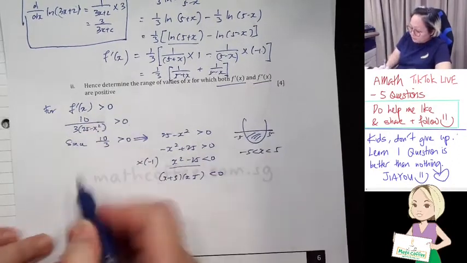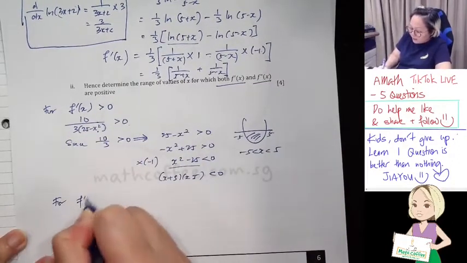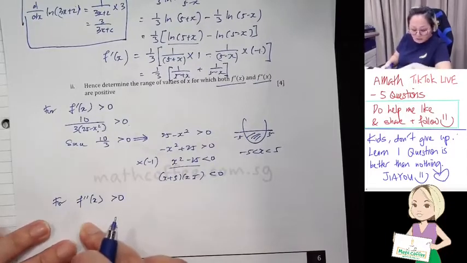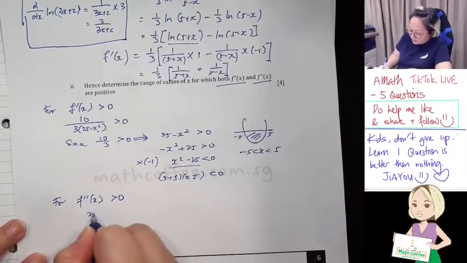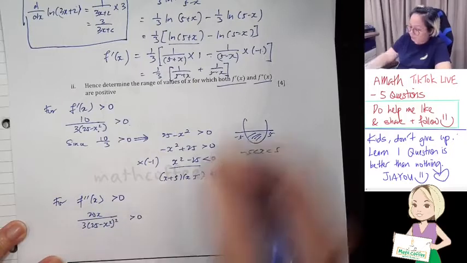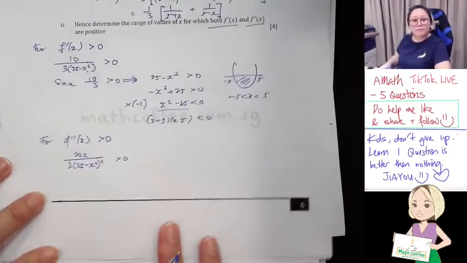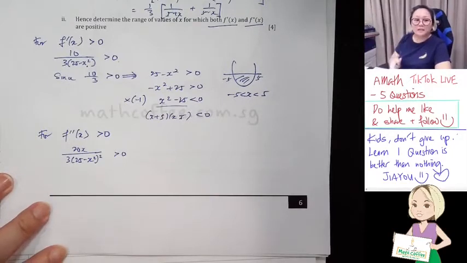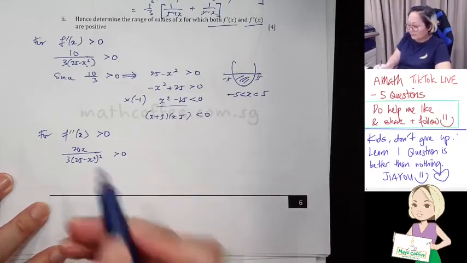So now for f prime prime x to be positive, let's bring back our fraction. It's 20x over 3 (25 minus x squared) squared, more than 0. So now let's analyze.